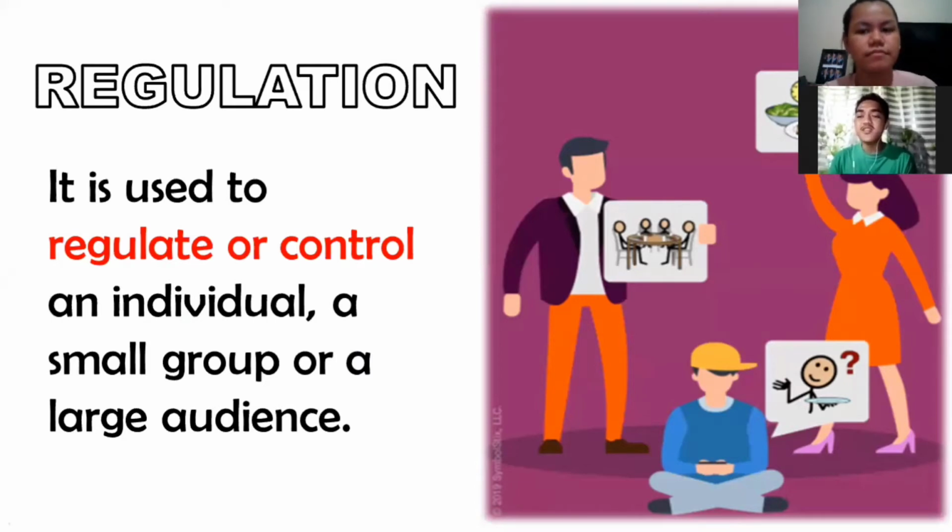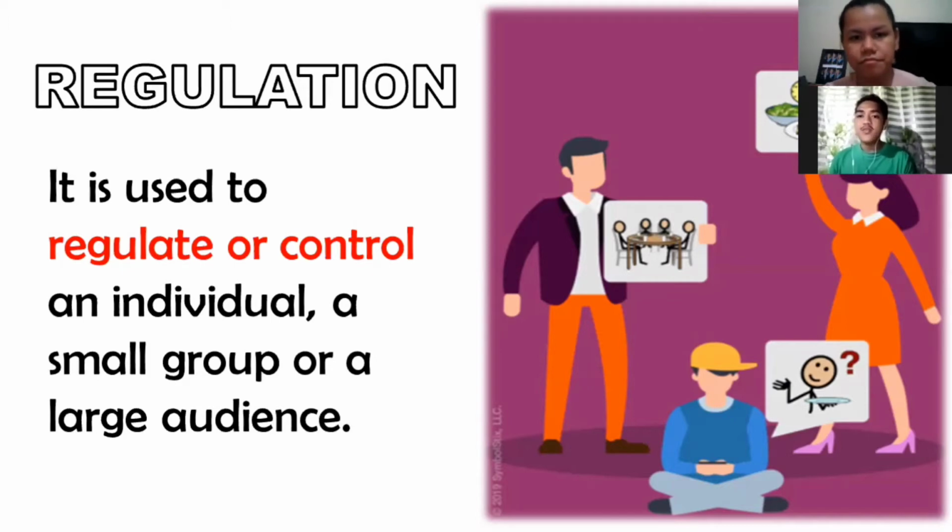When we say regulation, from the word itself, it means control, right? So it is used to regulate or control an individual, a small group, or a large audience. When we say regulation, class, it is how a person controls one's behavior.